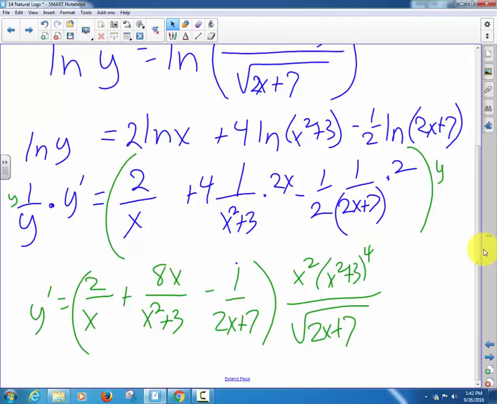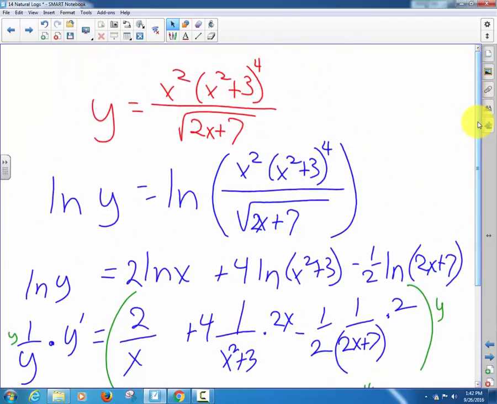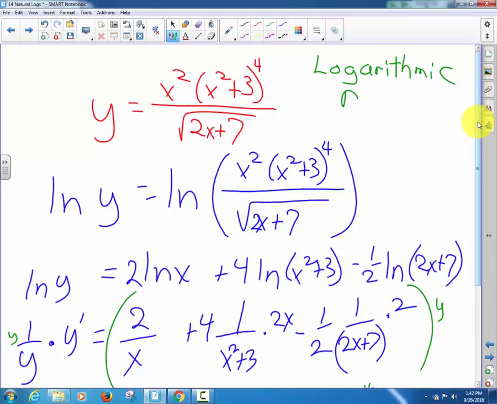Absolute same answer. So, how will I know to do something like this? First of all, it's probably going to look ugly like that. But on the web assignment that you've got assigned to you for next week, you'll see it say use logarithmic differentiation.